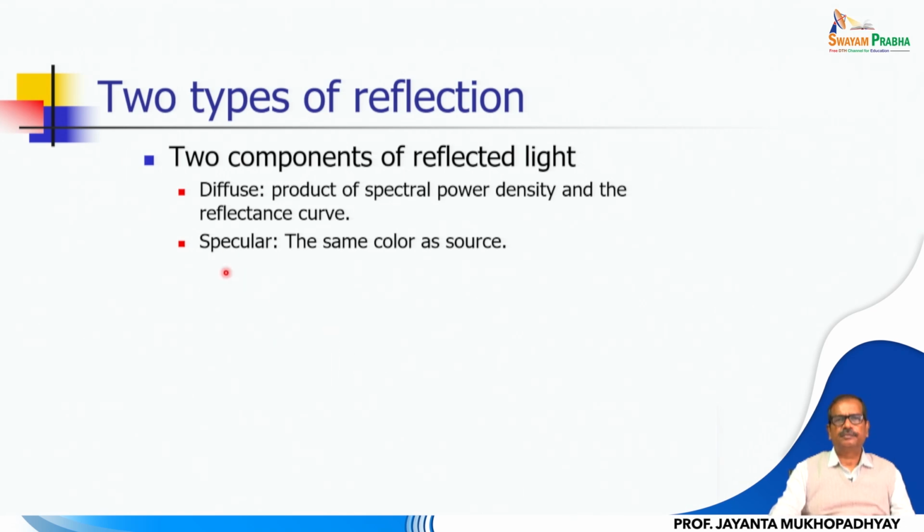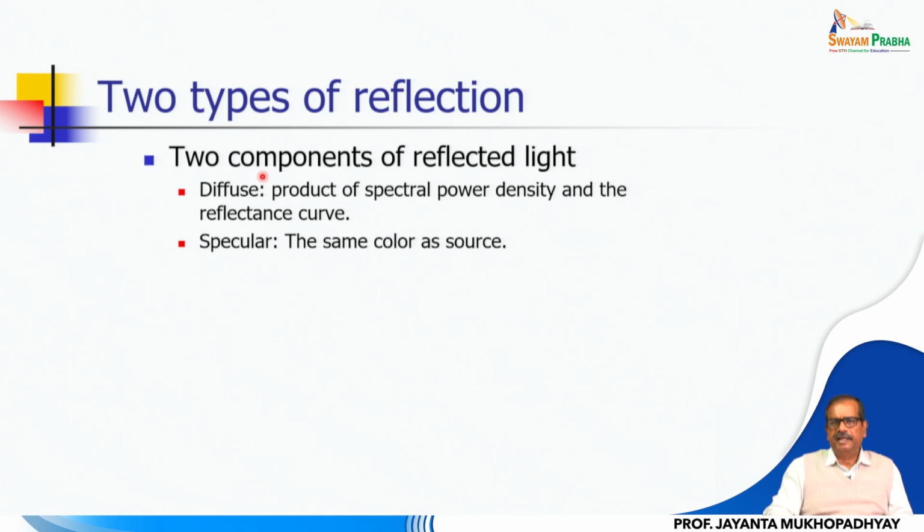So let us now discuss this particular component of estimating the light source. In this regard, we will be considering two types of reflection. One is the reflected light, because that is what is being recorded.